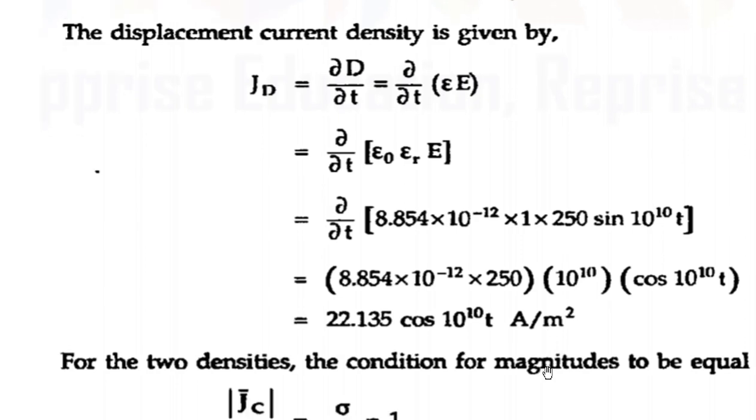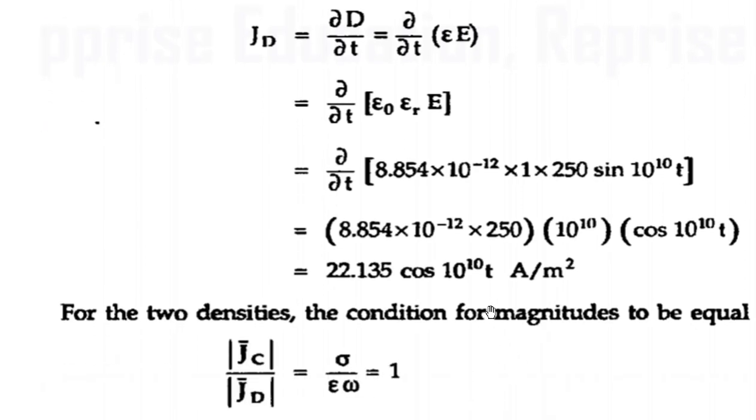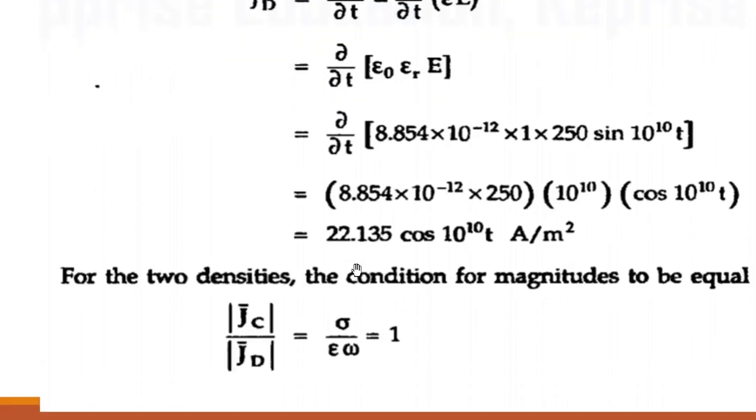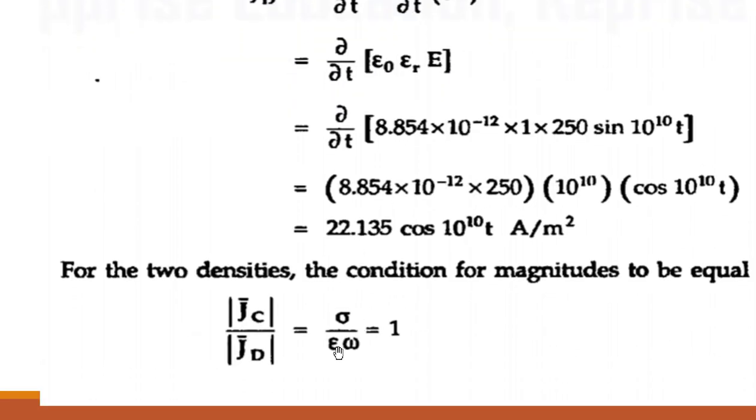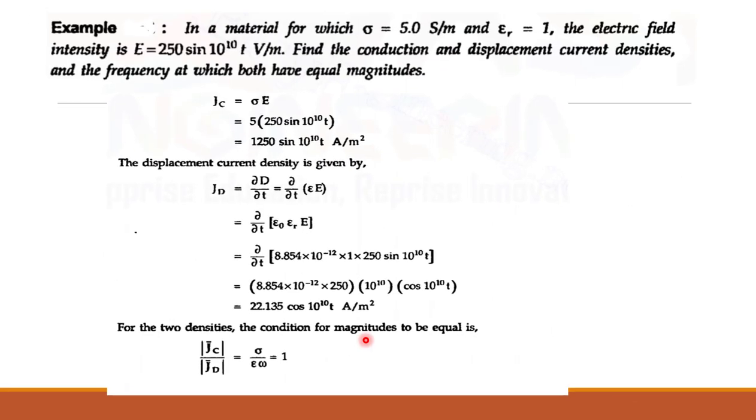Okay, so if we take the ratio of these two densities, that is Jc upon JD, considering their magnitudes, then it is equal to sigma divided by epsilon into omega.